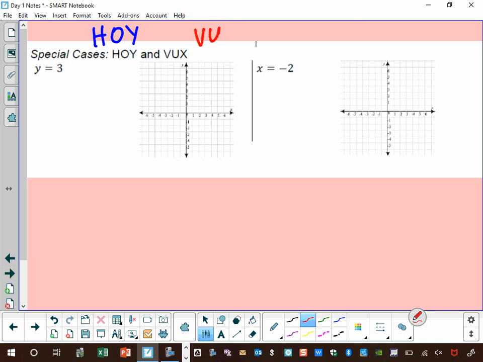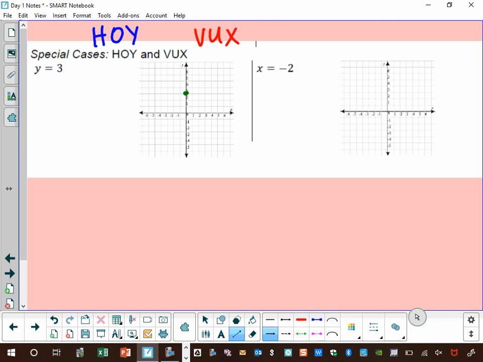Vertical, undefined slope, and then x equals. You guys remember that? Alright, so if I have y equals, then it's going to be horizontal or vertical? Horizontal, okay, so I go to +3.